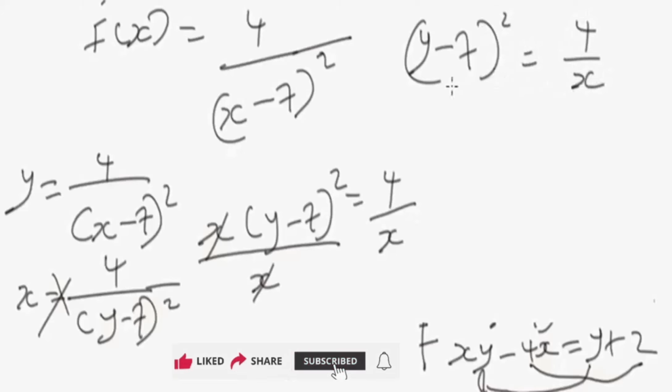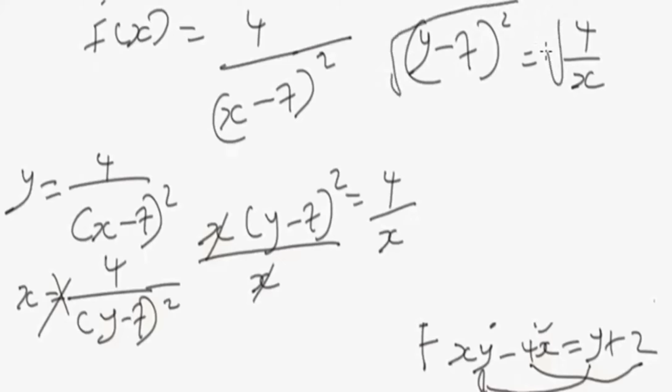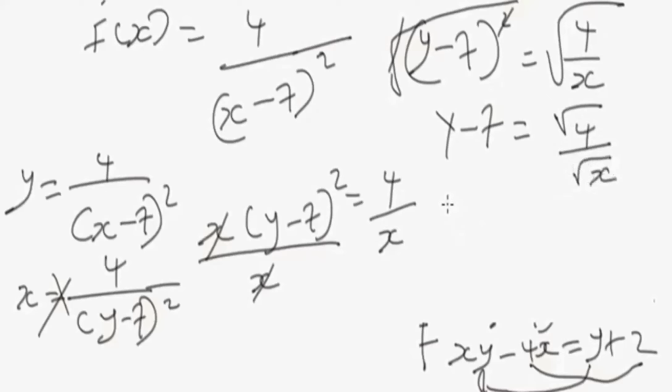Once you get here, you take the square root of both sides to remove this square, and this square root cancels the square. So we have y minus 7 equals, remember 4 has a square root, so separate the square root of 4 over the square root of x. So y minus 7 equals the square root of 4, which is 2, over the square root of x.